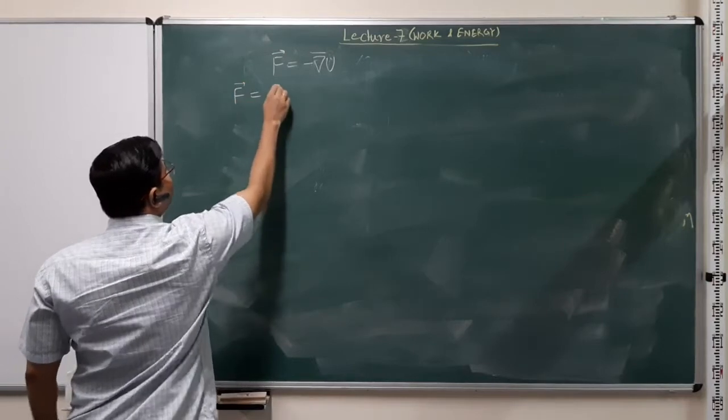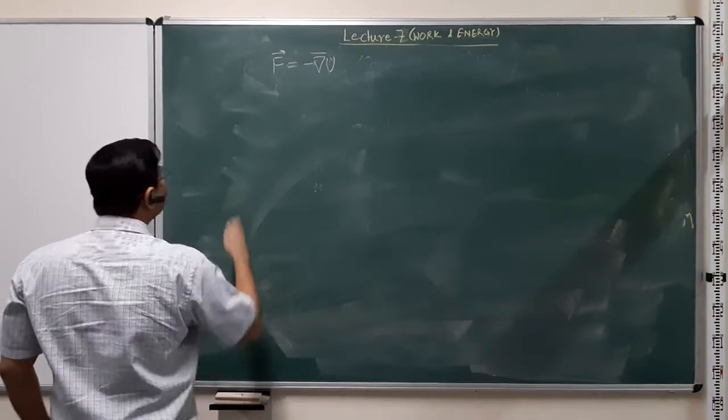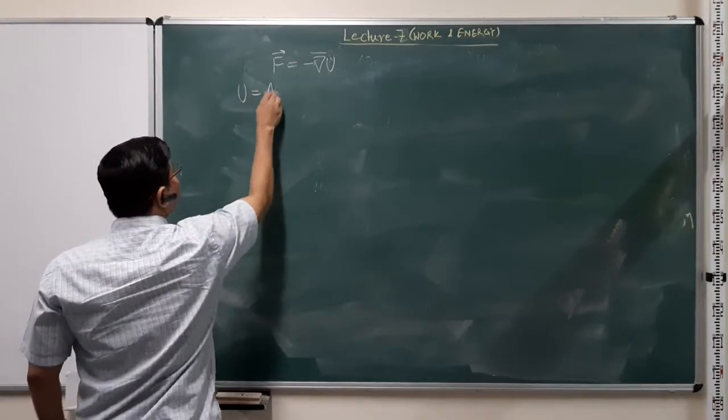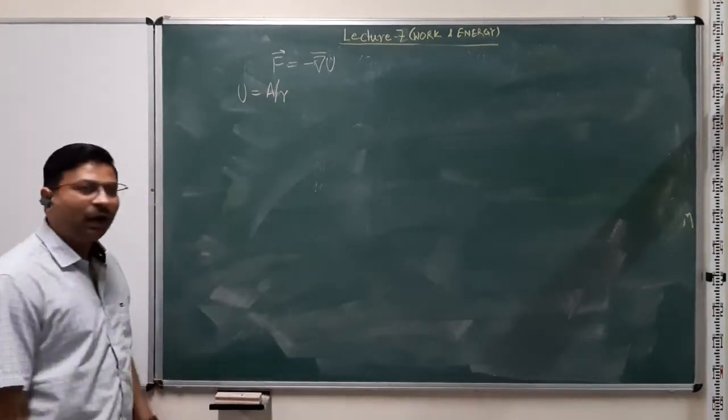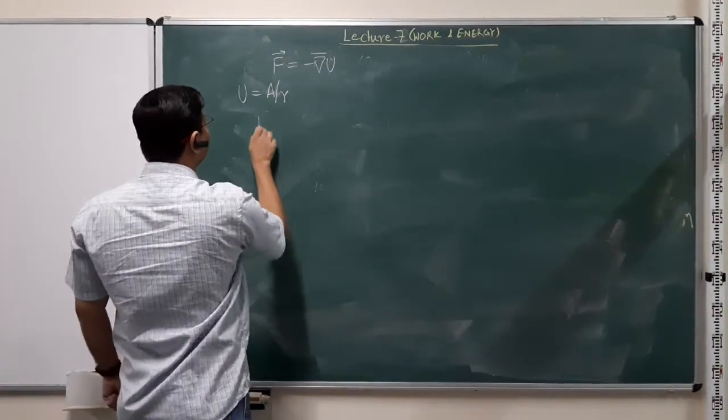Right. So when we are using this, now let us say my potential is known, something like a simple scalar potential A over r. If this is the case, then can I find the force relative to it?